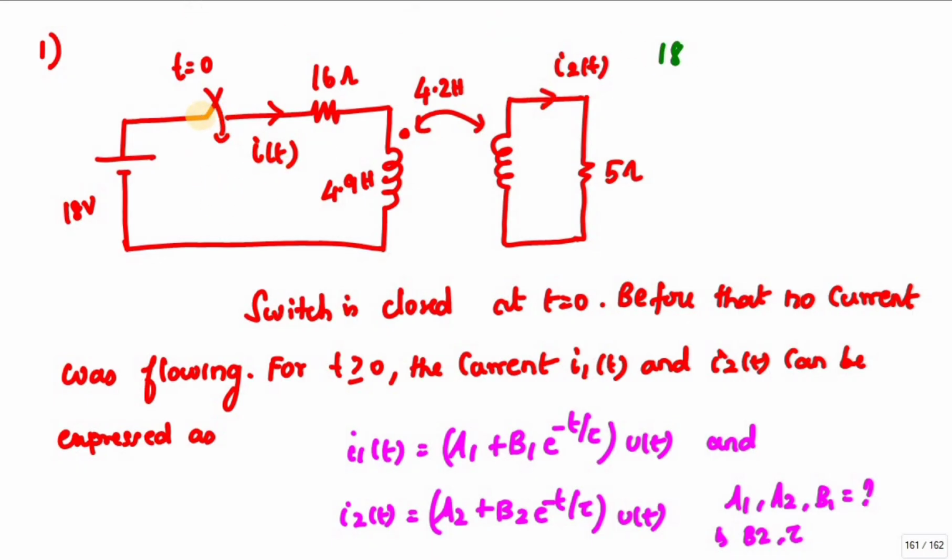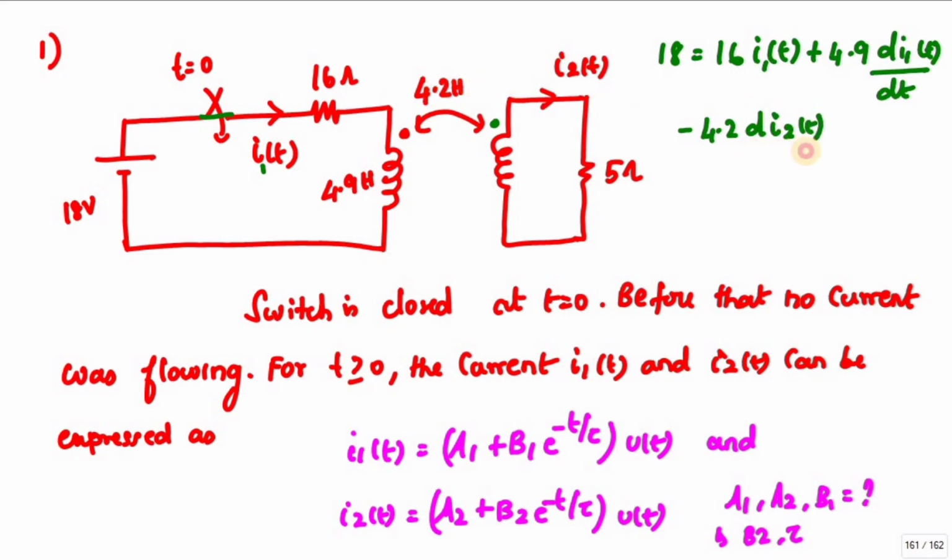Applying mesh analysis, 18 volts is equal to 16 times I1 of t plus, since it is an inductance, L di by dt, so 4.9 times dI1 of t by dt, plus the mutual inductance value 4.2. Here the dots are in opposite direction, so one current is entering and another is leaving, so minus 4.2 times dI2 of t by dt. This is the first equation.